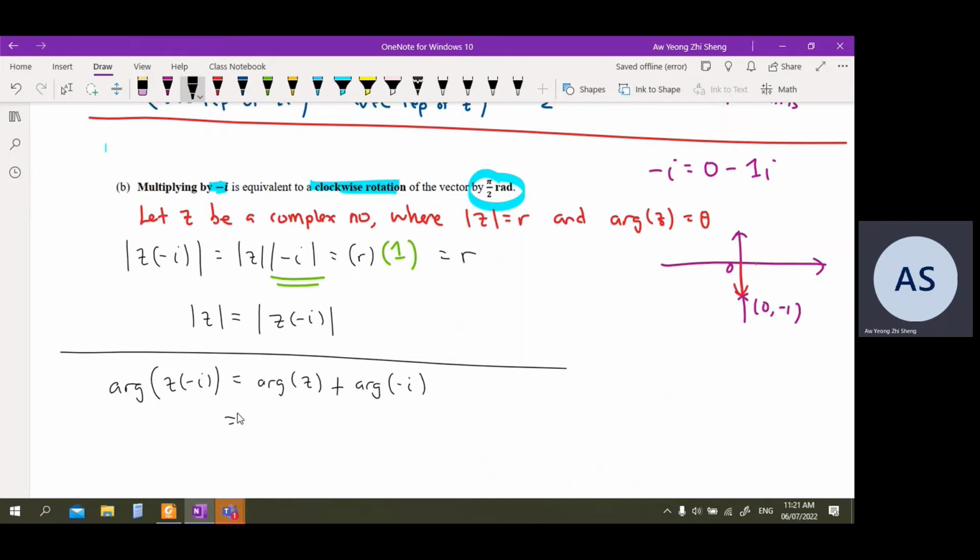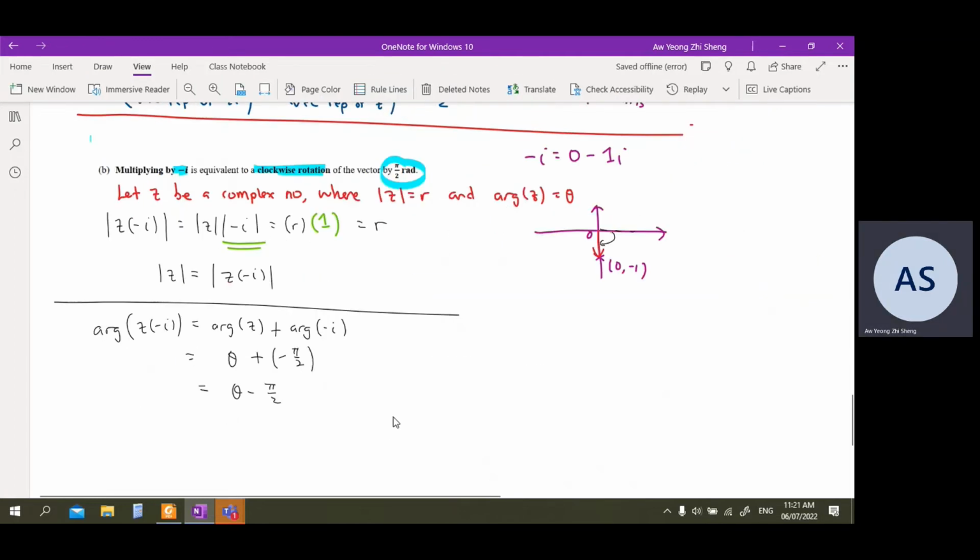Referring to the top right corner diagram, to find the argument of negative i, you measure an angle starting from the positive x direction towards the red vector, and that is a negative angle of pi over 2. So argument z is theta, plus negative pi over 2, which gives theta minus pi over 2.